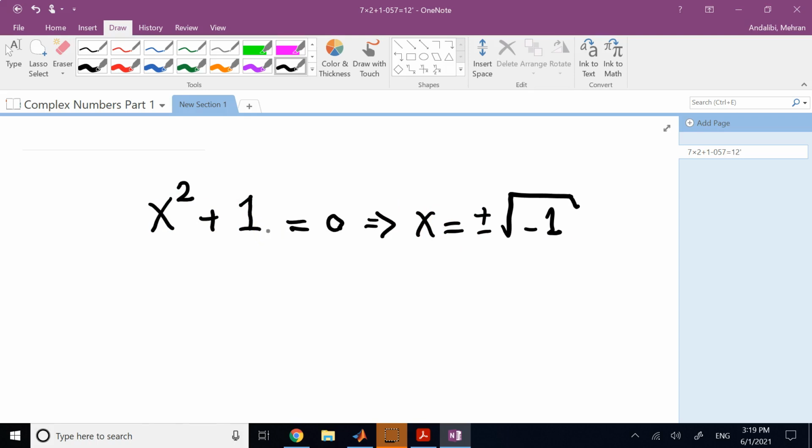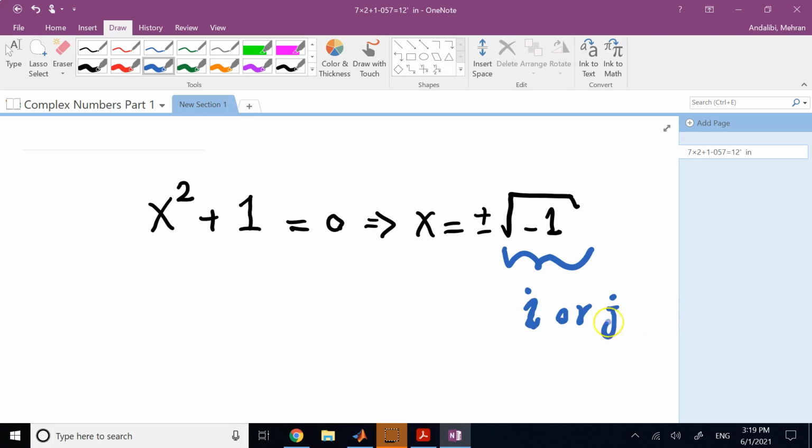Okay, so these are imaginary numbers, and that's where they introduced a term i or j, the base of complex numbers, and they call this i. Electric students use j instead of i for this, and the reason for them is they use i for electric current.